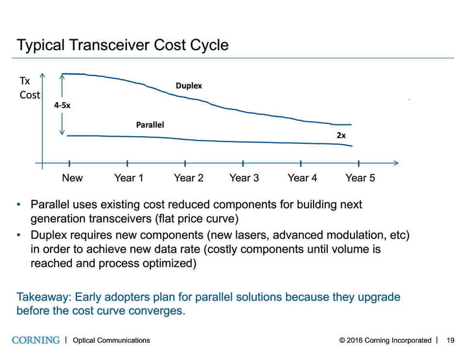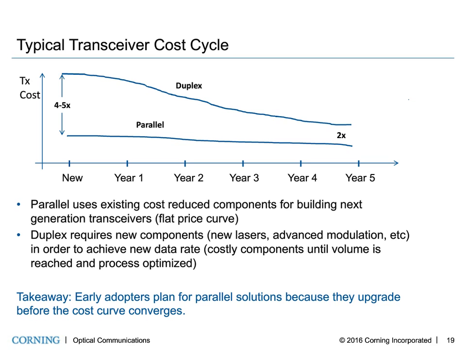When other people are deploying 100, we want to deploy 400. And therefore, we've made the decision that if I install a parallel infrastructure, I will always be on that early part of the cost curve. And if at any point in time I ever want to convert to a duplex infrastructure, I can do that because I have the available fiber.